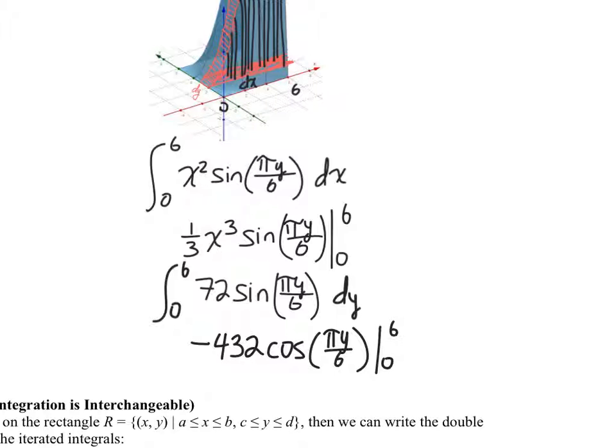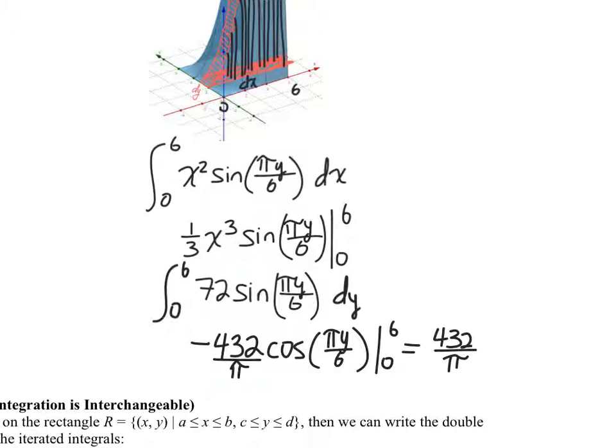Going from 0 to 6. All right, well, the cosine of pi is negative 1, so it's 432. Oh, we're missing a pi. Over pi, right? Yeah. Crikey. So 432 over pi.